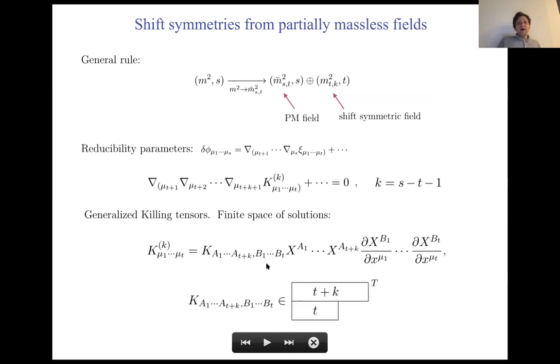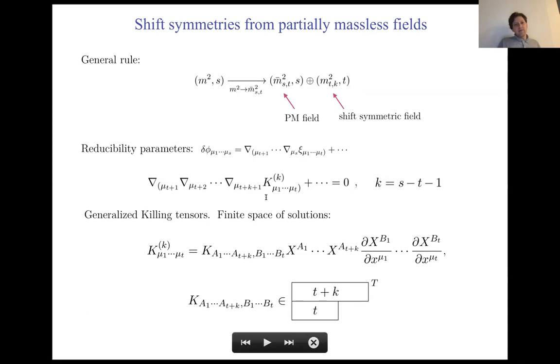The general pattern for any spin is, if we take an arbitrary massive high spin and we approach one of these partially massless points, there's going to be a gauge symmetry that appears at the partially massless point that we have to parameterize with some Stuckelberg fields. Those Stuckelberg fields are precisely these shift symmetric fields. So the reducibility parameters that we have to find will tell us about the shift symmetries.